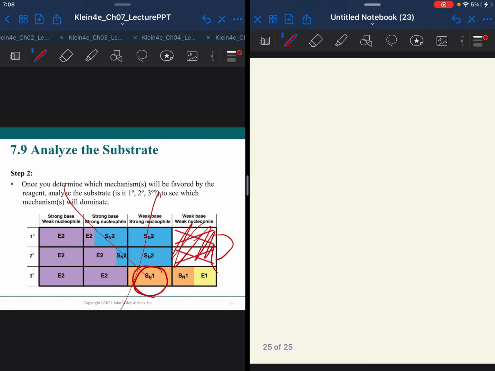Something I do want to note while we're talking about this, if you were to see a chiral center, okay, let's do this one. Let's say that we had this leaving group and we were going to use water. Well, the SN1 product, you may just see the OH like this to indicate that you could have wedge or dash.